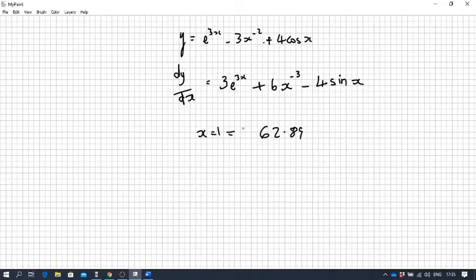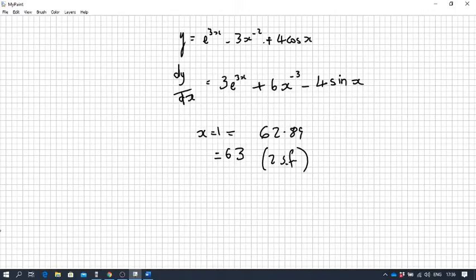So we need to round that to 2 significant figures, so it's 63. That's 2 significant figures. Okay, so that's the first example done.